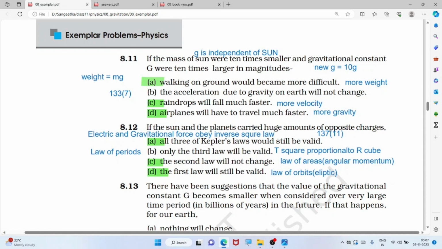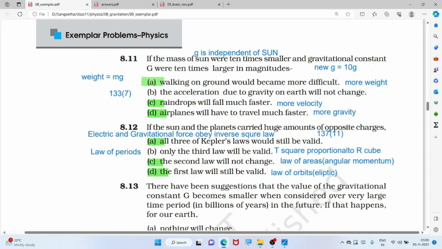If the gravitational constant becomes 10 times, then g will become 10 times, g equals GM by r square. Walking on the ground would become more difficult because of the more weight. Weight equals mg, and g increasing 10 times means more weight, so it will be difficult to walk.